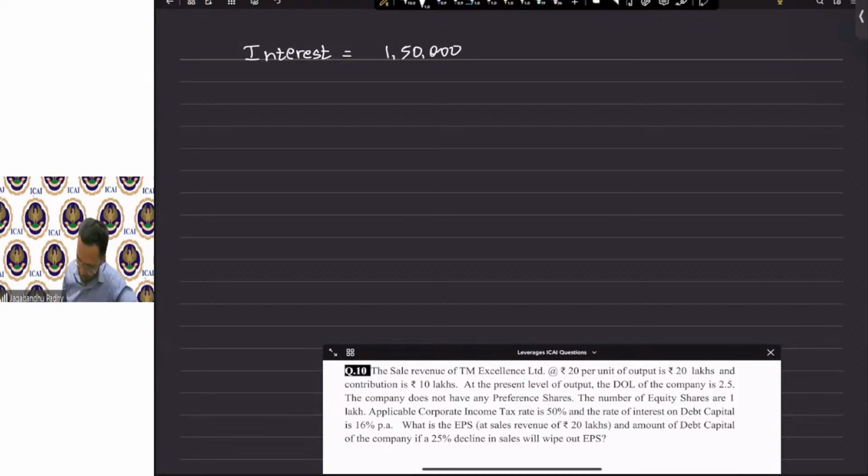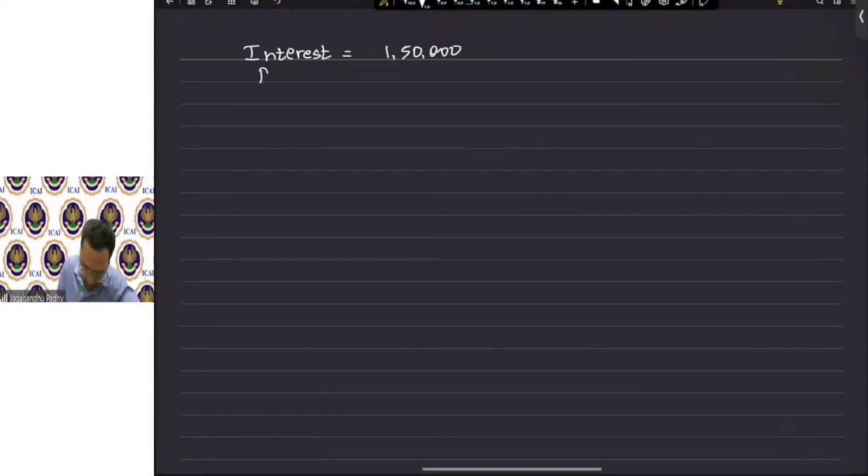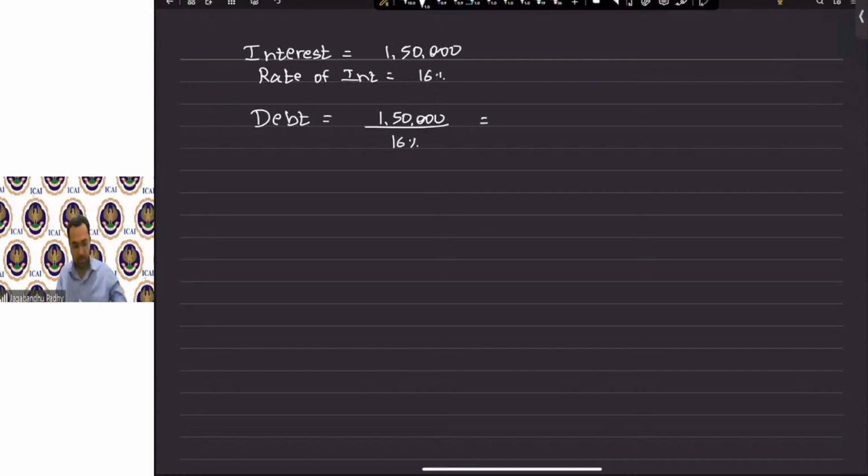Amount of debt capital, interest on debt capital is 16%. So amount of debt is 1,50,000 divided by 16%, which is 9,37,000.